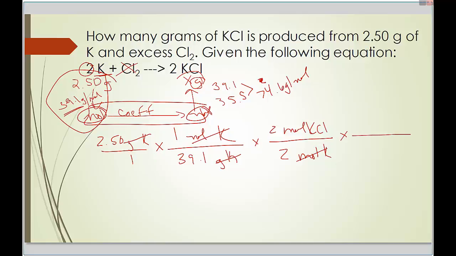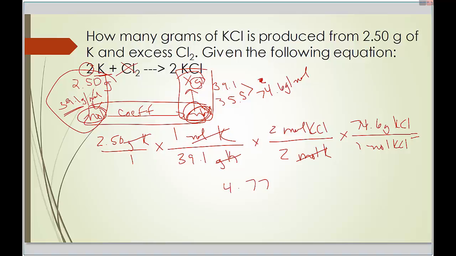So in 1 mole of KCl, there are 74.6 grams KCl. So 2.50 divided by 39.1 times 2 divided by 2 times 74.6 comes out to be 4.77 grams KCl.